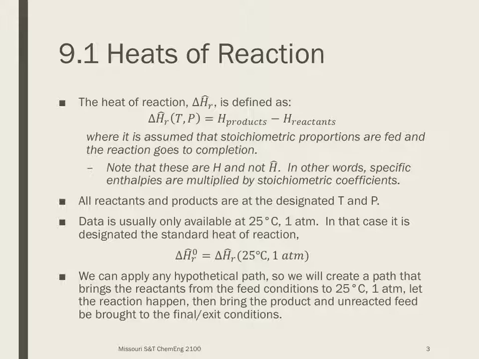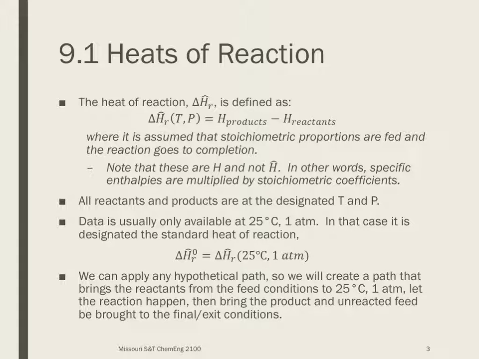So you need to have the reaction written out in a particular way, and this is going to be tied to that. We'll look at this more closely in an example soon. But those H's are going to be multiplied by the stoichiometric coefficient from that reaction. So therefore we write them as H of the products, not specific H of those products and reactants.